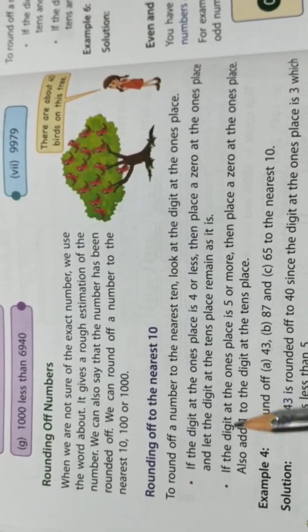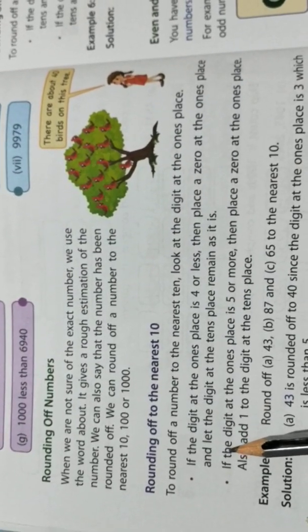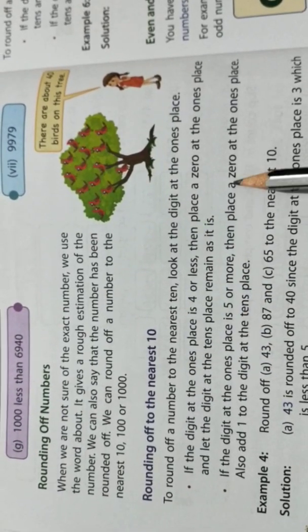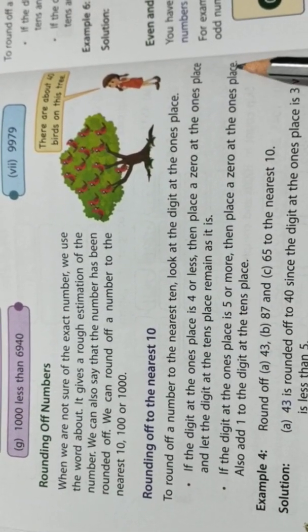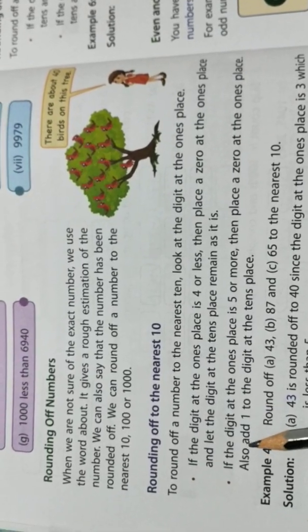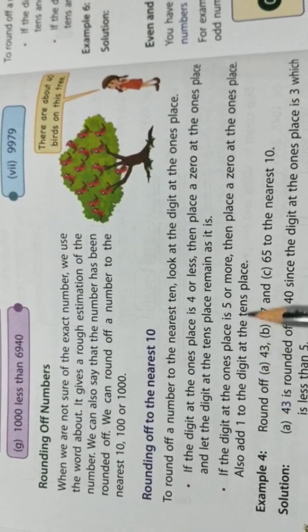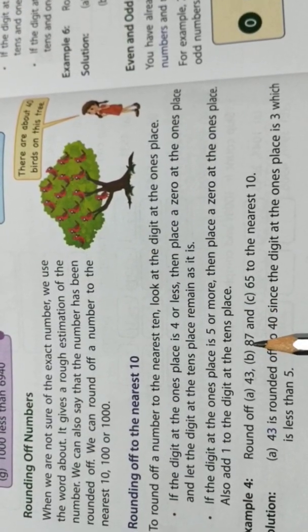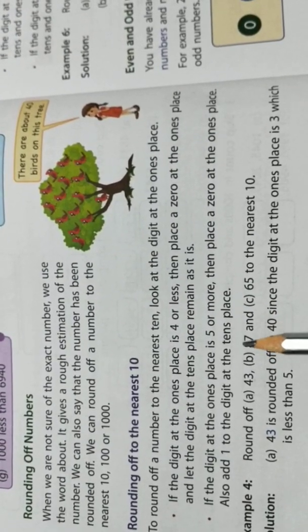Now the next point, if the digit at the ones place is 5 or more, then place a 0 at the ones place and also add 1 to the digit at the tens place. Look at here, the number that is given is 87.